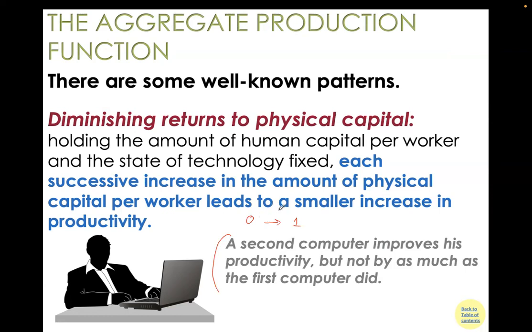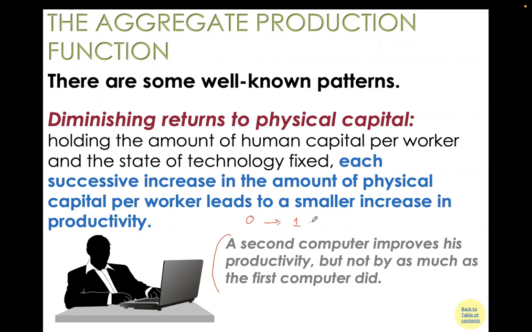When you got your first computer or your first car or your first cell phone, your productivity increased dramatically, right? So your productivity increase from 0 to 1 is actually called marginal productivity, because we always think at the margin.